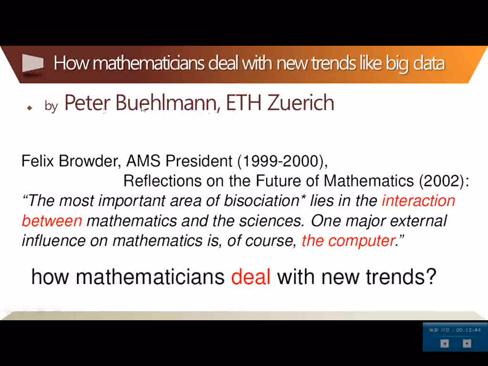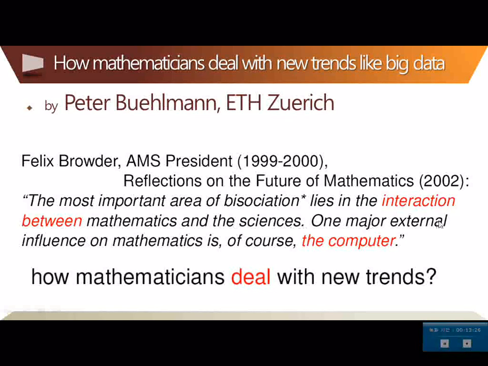I found an article by Peter at ETH Zurich, and he gave some answers. The title was How Mathematicians Deal with New Trends Like Big Data. He mentioned that Felix Browder, who was an American Mathematical Society president, said the most important area of association lies in the interaction between mathematics and the sciences.